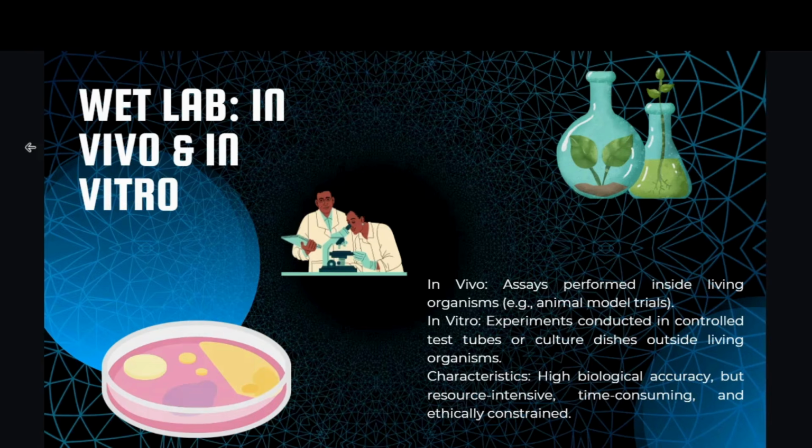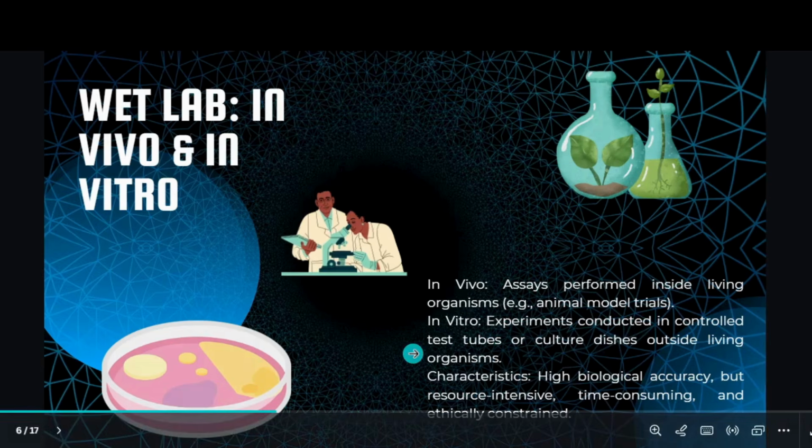Now, what is the wet lab? That is the in vivo and in vitro things. In vivo, we perform the assays using live organisms, or inside living organisms, like animal model trials, working on mice and working on actual cells. And in vitro is experiments conducted in controlled test tubes or culture dishes outside the living organism.